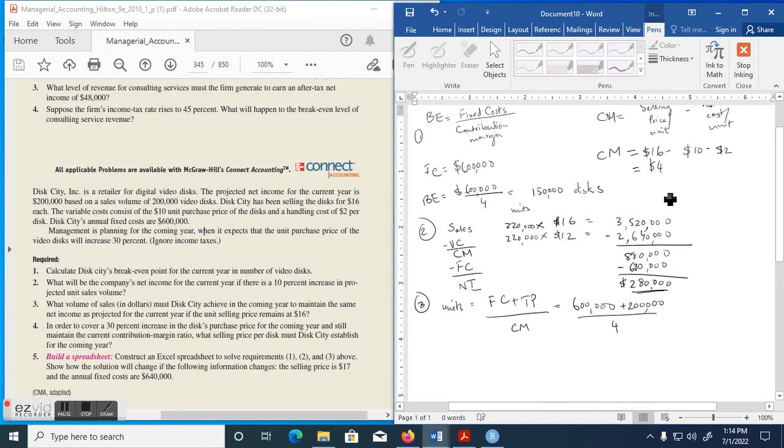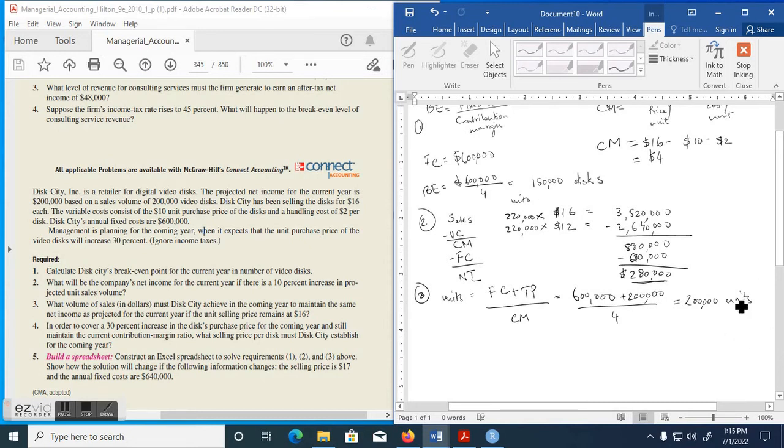So that means we've got $600,000 plus $200,000. That gives us $800,000. And this is to be divided by $4 contribution margin. That gives us 200,000 units. This is how we calculate our break-even in units. Now we have to convert that into the number of dollars. So in order to calculate that volume of sales, we will simply take our target profit units, 200,000 units, and we'll multiply that by our sale price per unit.